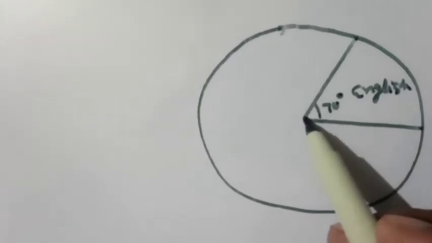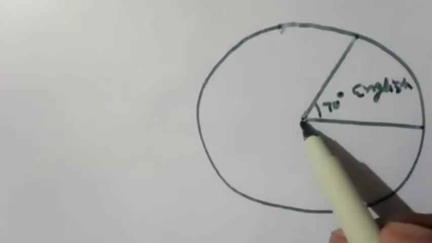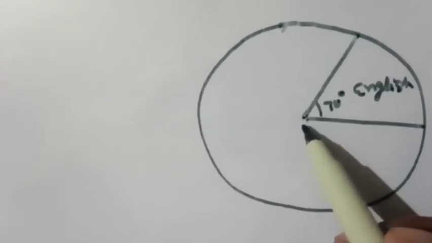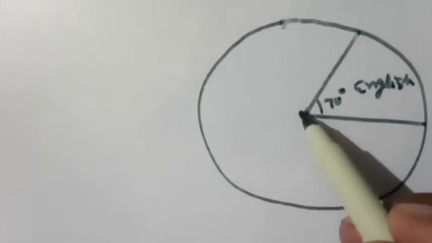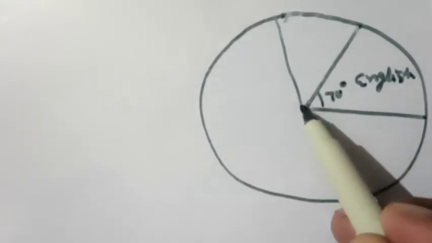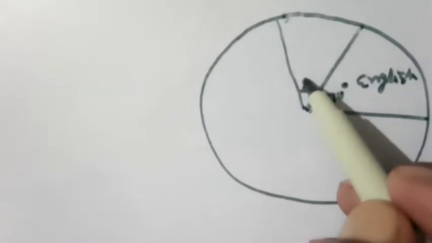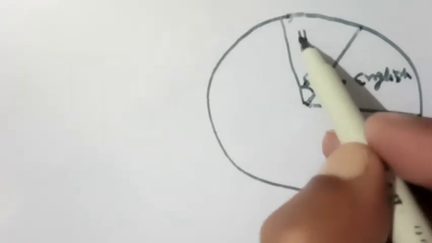Next subject is Hindi. Its sector angle is 50 degree. Then we construct a 50 degree angle with protractor. Let this angle be 50 degree, and our subject is Hindi.